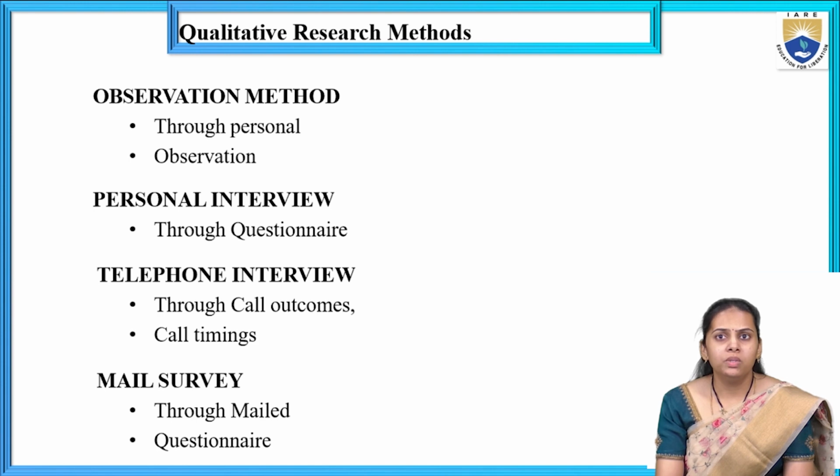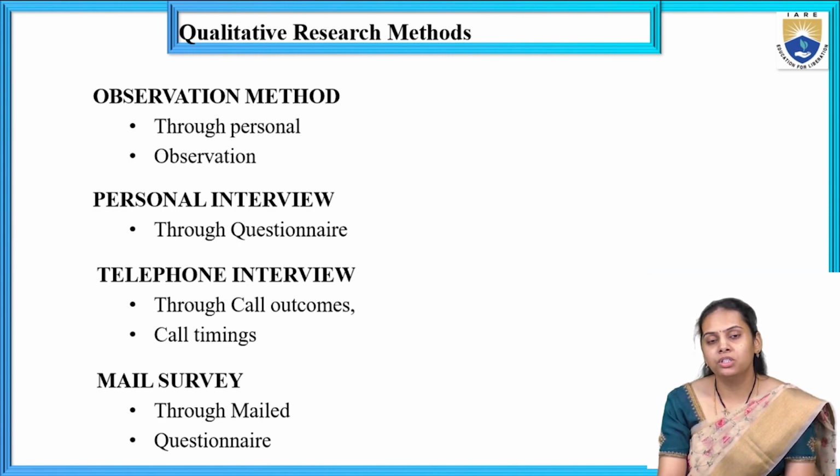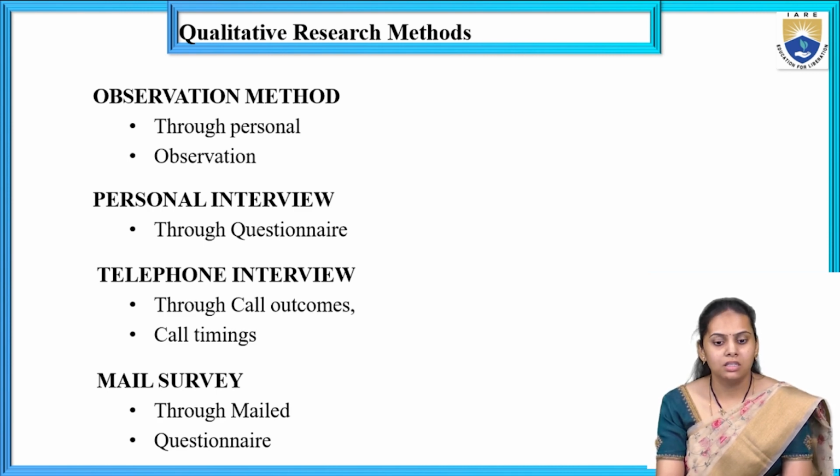And observation methods come with it, through personal observation of an individual. A personal interview is always with a questionnaire again. Based on the questions and their answers, we are taking decisions.